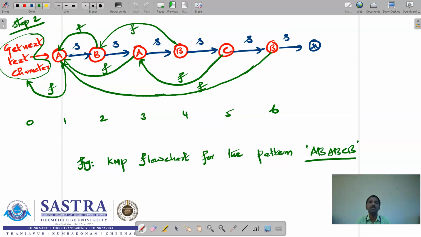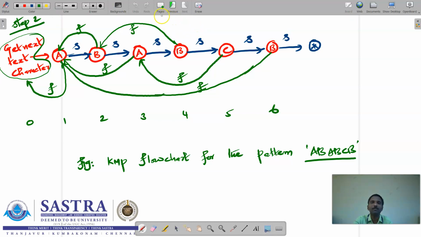Once the flowchart is constructed, it can be used to check if the pattern is available in any text. Now let's take one text so that we can check if the pattern is available in it or not.